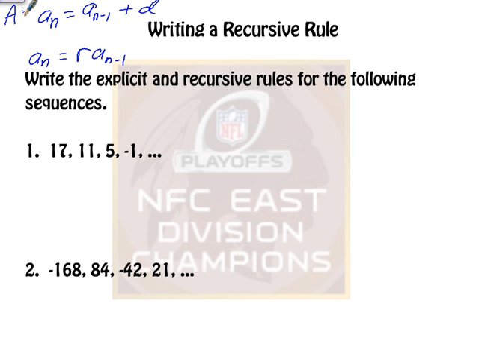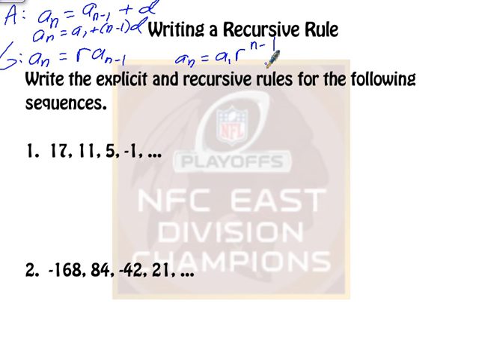So this is for arithmetic, this is for geometric. And if you remember your explicit rules, a sub n equals a1 plus n minus 1 times d, and a sub n equals a1 r to the n minus 1.